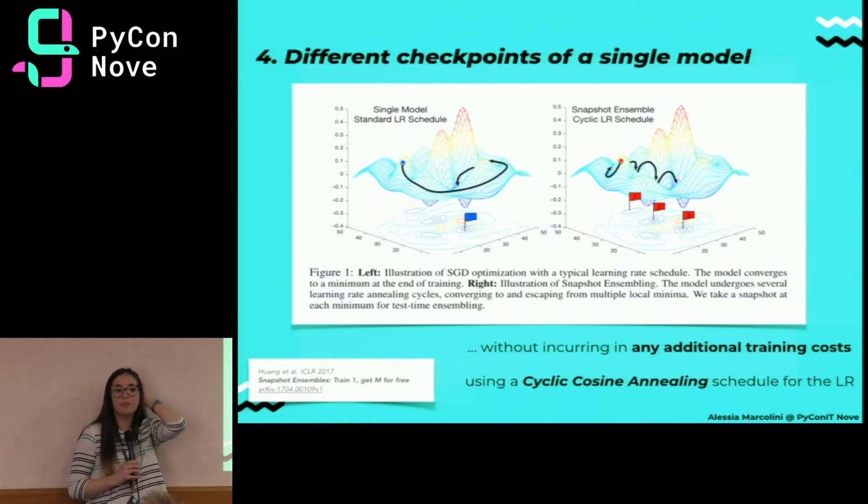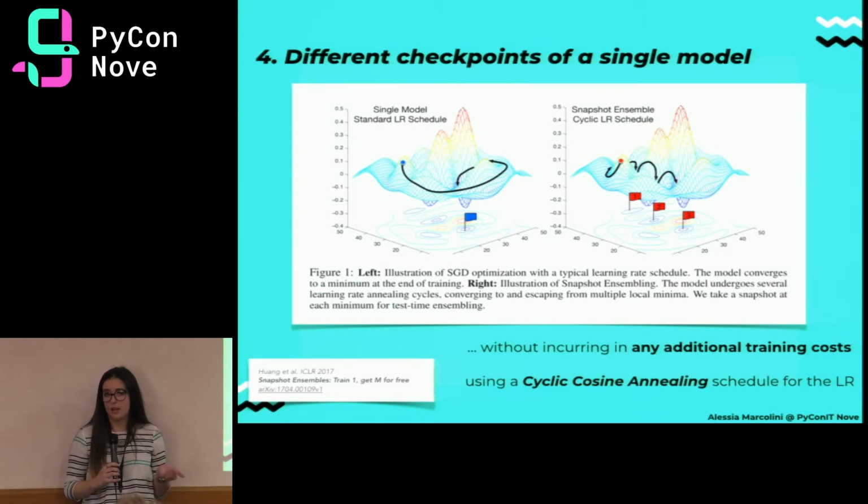We know that the number of possible local minima grows exponentially with the number of parameters, and modern neural networks can have millions. So instead of training M different models independently from scratch, we let SGD converge M times into minima.